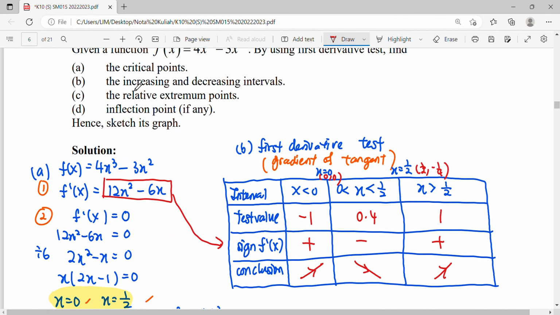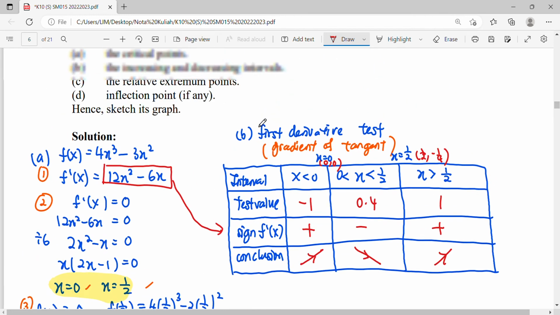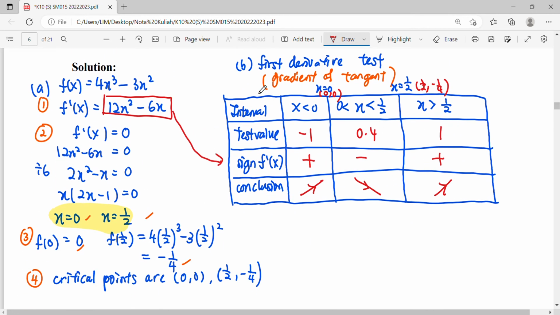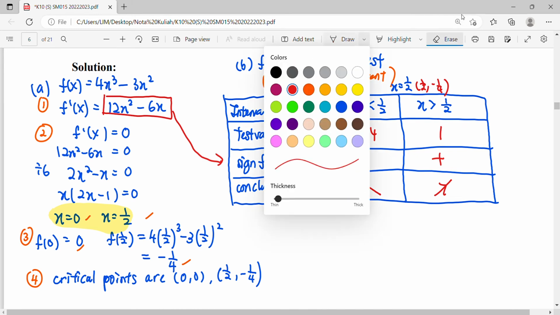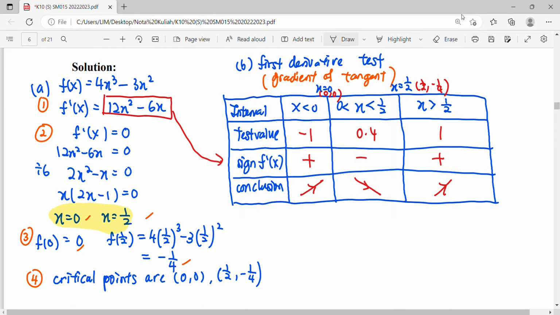A. What is increasing and decreasing? B. What is your increasing and decreasing interval? Question B. Okay, question B. Answer the question first. The increasing interval occurs where? The increasing interval occurs at x less than 0 and x more than 1/2.